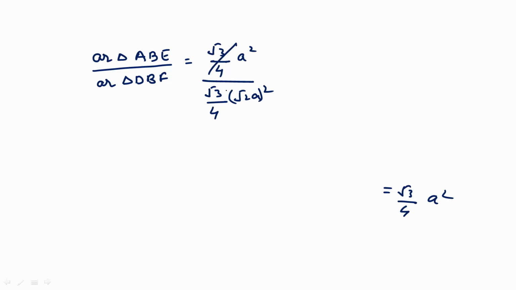Under root 3 by 4 and under root 3 by 4 cancel out. A square upon the square of under root 2A, means 2A square. A square and A square cancel out. This will be equal to 1 by 2.